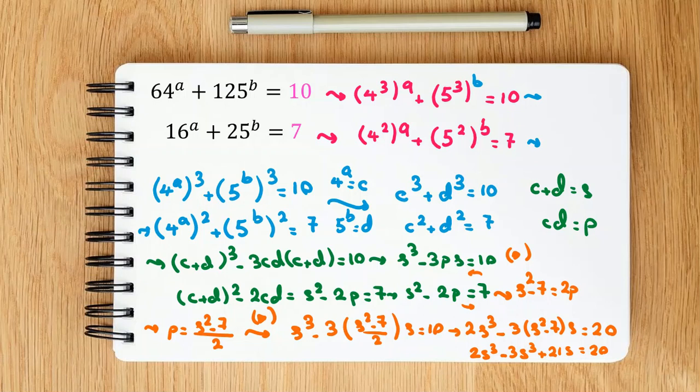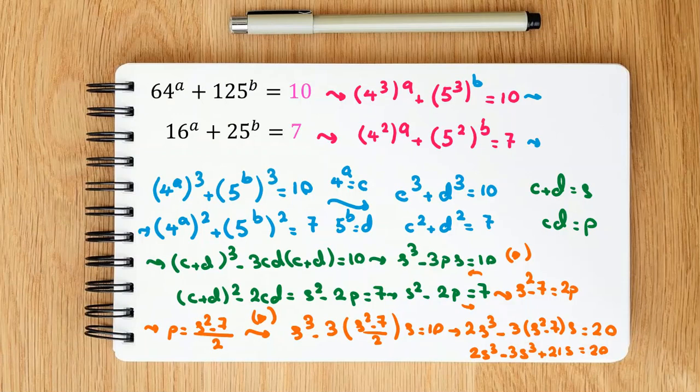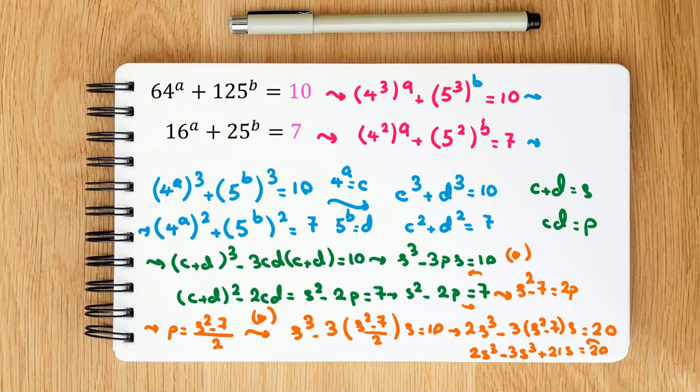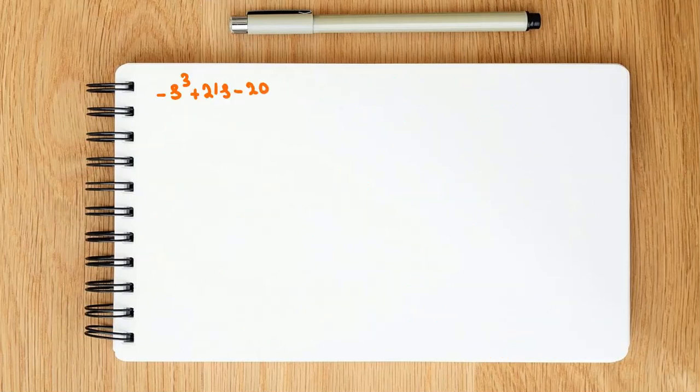If you take all things to the left hand side, it will be 2s cubed minus 3s cubed, which is negative s cubed, plus 21s. And we can take this 20 to the left hand side, minus 20 equals. Now we multiply it by negative 1. It will be s cubed minus 21s plus 20 equal to 0.